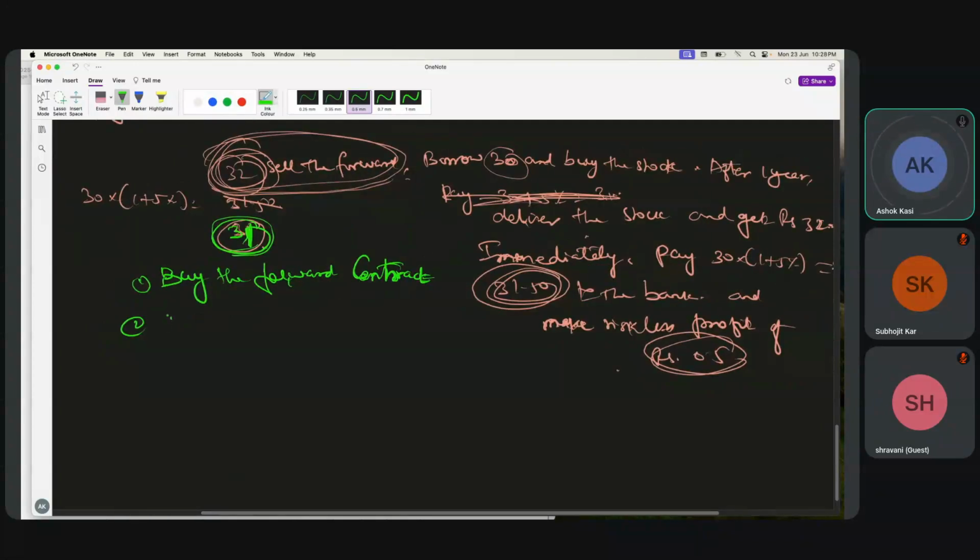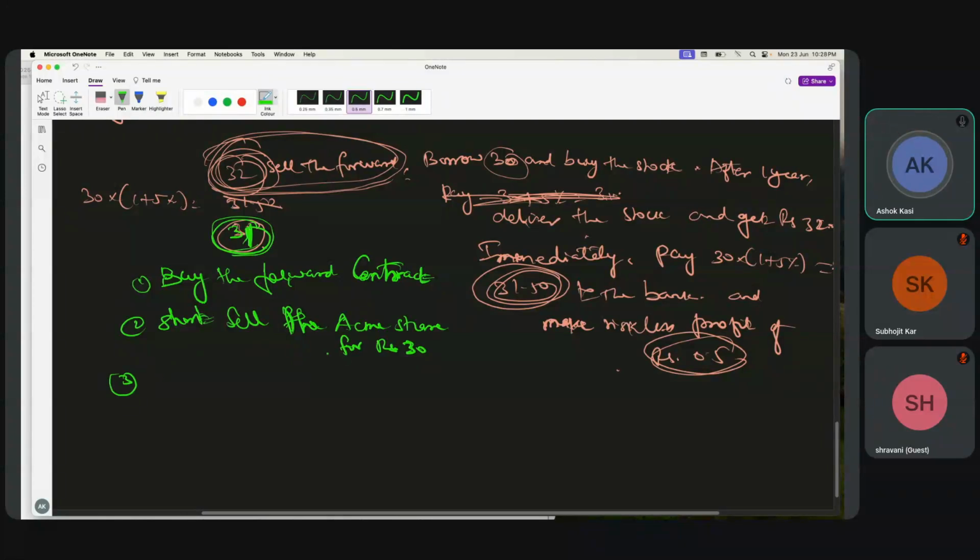So you will short sell. When you short sell the Acme stock or share for rupees 30, what you will get is 30.